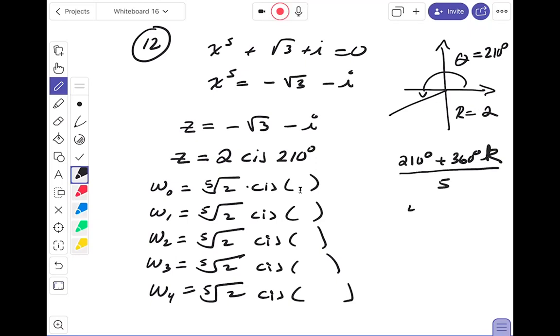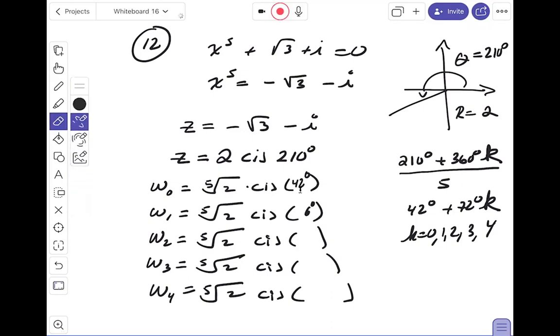I guess 42 plus 72 degrees K. All right. Understanding K is 0, 1, 2, 3, and 4. Well, for K equals 0, I'd get 42 degrees. Then I go up by 72. Let's see. I guess that's going to give me 6 degrees, right? 72 and 42. I'm sorry, that's not 6. Let me erase that. 72 and 42, 114 degrees. Whoops.